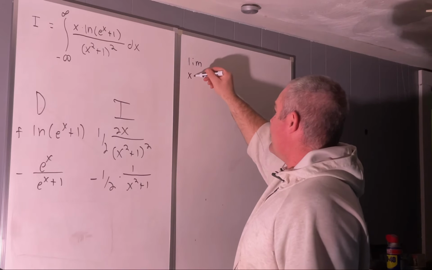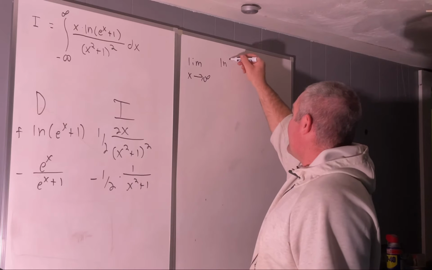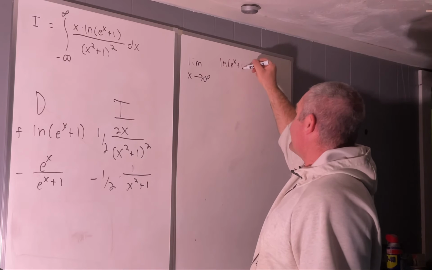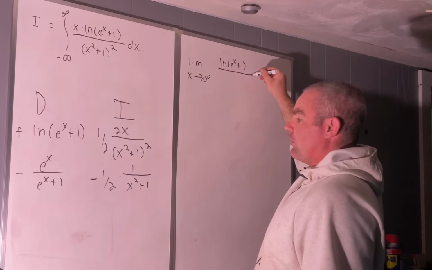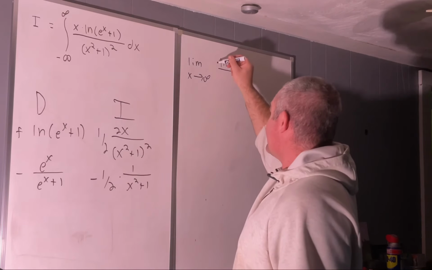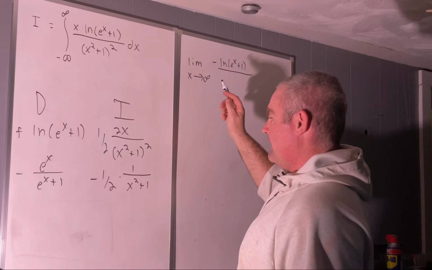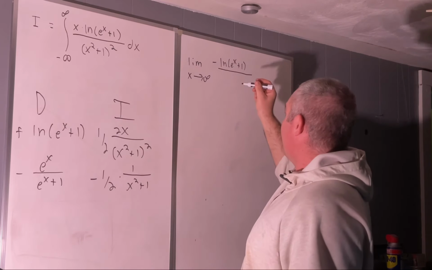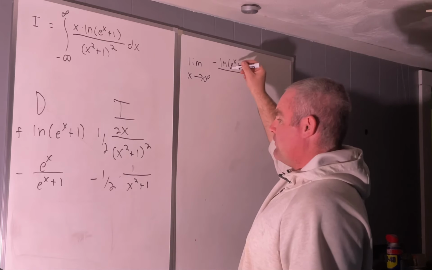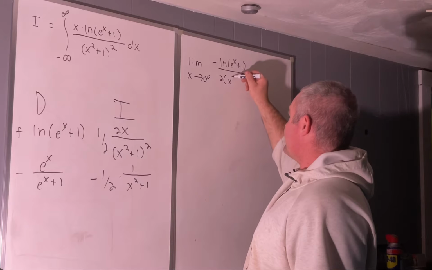So x goes to infinity of natural log e to the x plus 1 over, let's see, this is actually going to be negative. So we're going to have the limit as x goes to infinity of negative, all right, we're going to have a 2 on the bottom, and we're going to have an x squared plus 1.